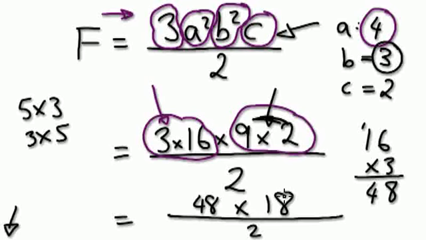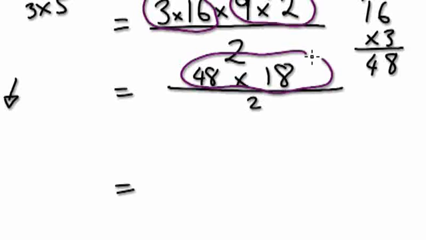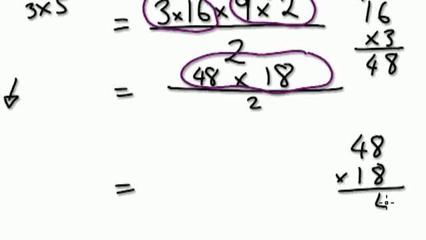So 18, okay. So now it's just working out these two now. 48 times 18. Let's see. It doesn't matter if you don't know how to do this. You can find a calculator or something. It's not important for the time being. 8 times 8, 64.